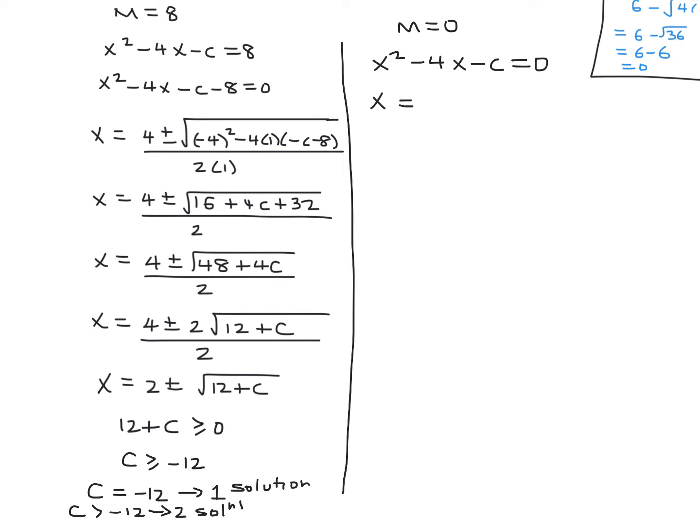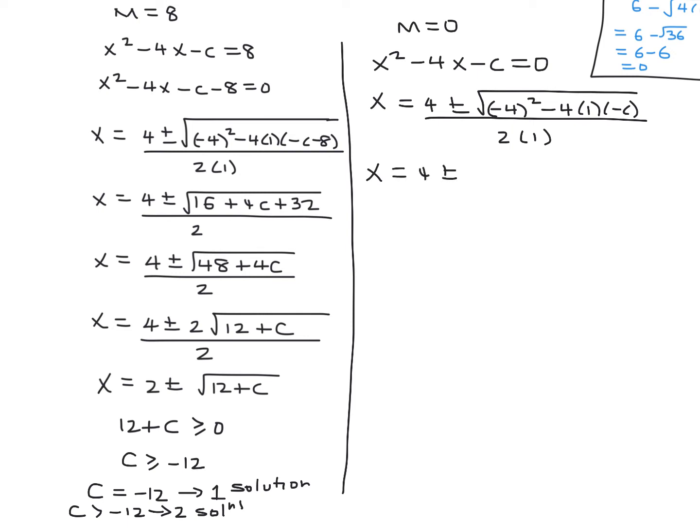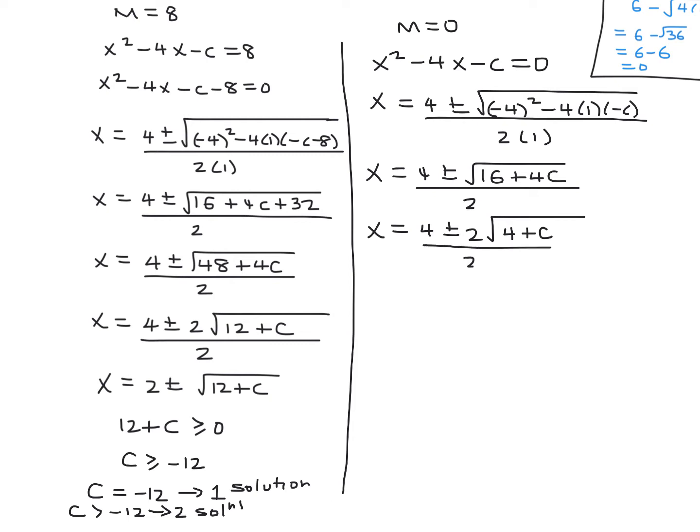Using the quadratic formula, 4 plus or minus the square root of minus 4 squared minus 4ac all over 2a, x is equal to 4 plus or minus 16 plus 4c all over 2. X is 4 plus or minus, take out the 4, that would be a 2, so that would be 4 plus c all over 2.